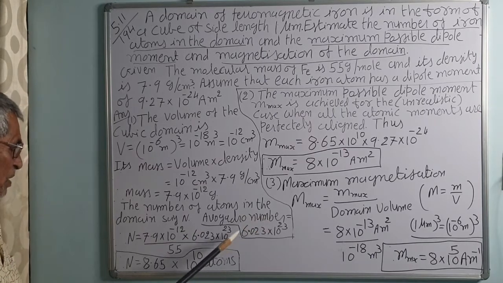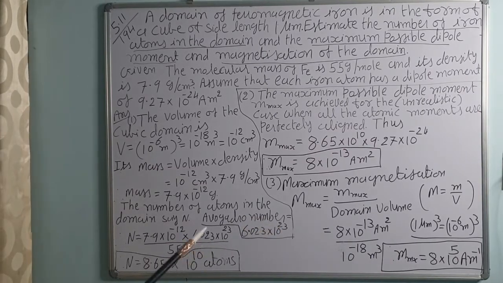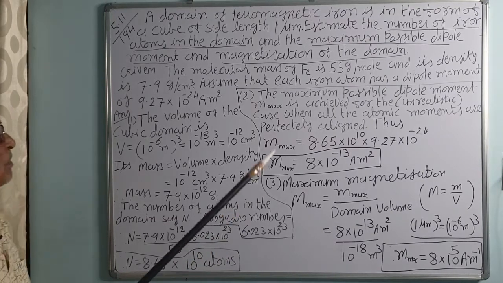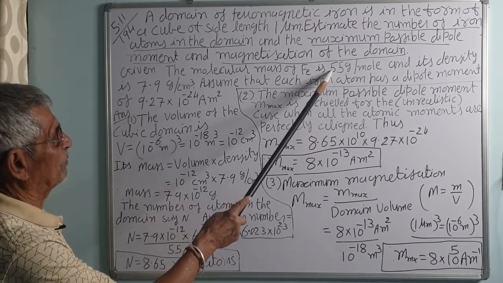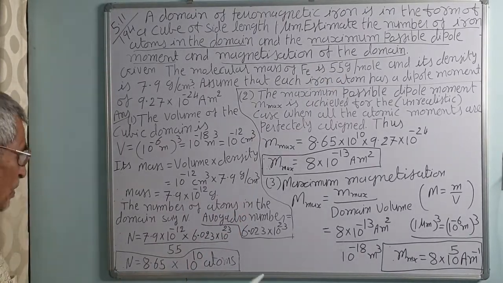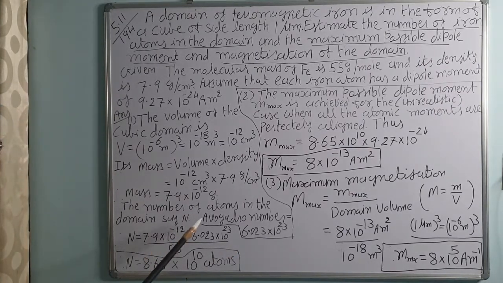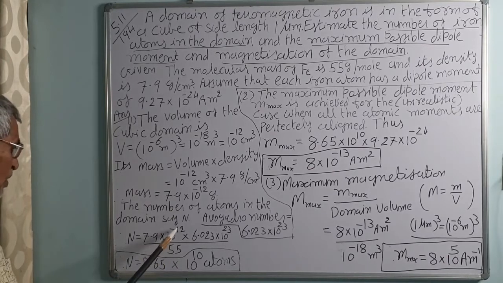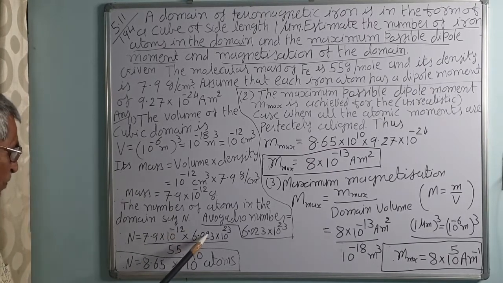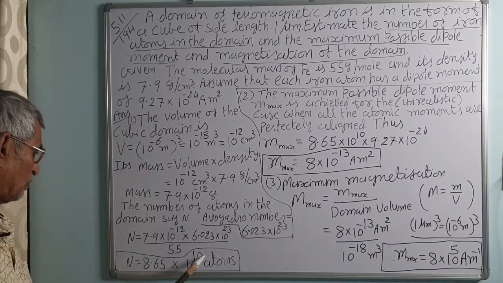Avogadro number is 6.023 into 10 raised to 23. It is given that the molecular mass of Fe is 55 grams. In 55 grams the number of atoms is equal to the Avogadro number, that is 6.023 into 10 raised to 23. So how many atoms will be in this mass? That is 7.9 into 10 raised to minus 12 into 6.023 into 10 raised to 23 upon 55. That comes to about 8.65 into 10 raised to 10 atoms.